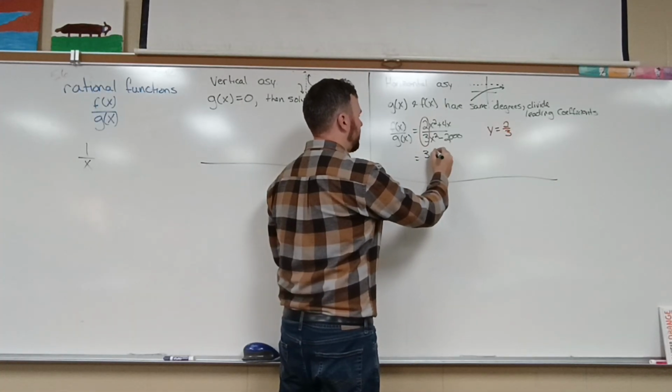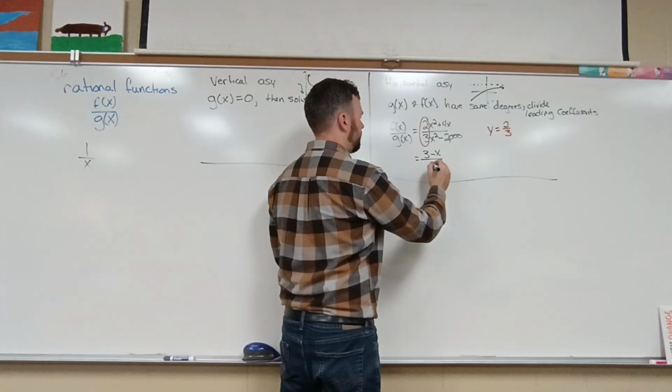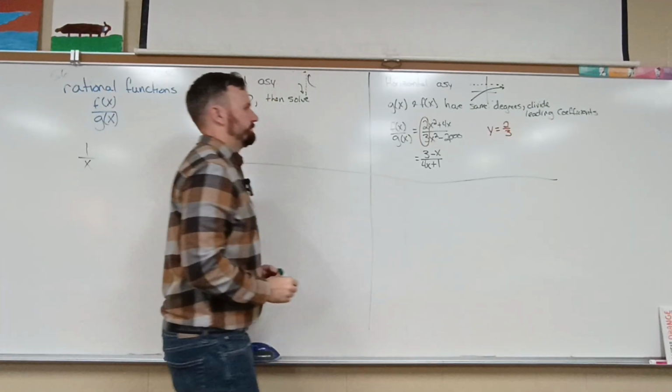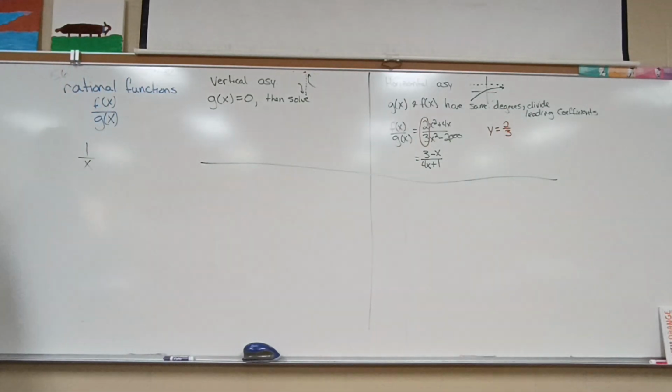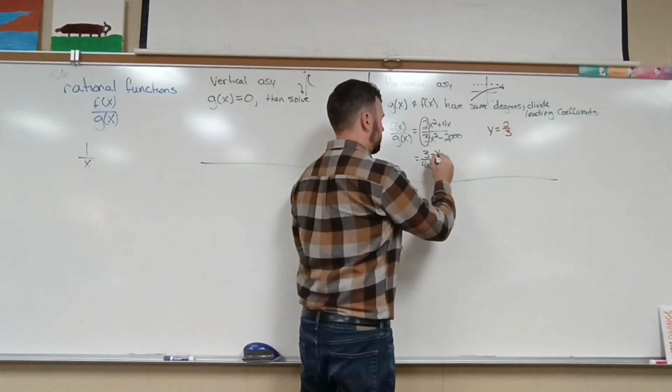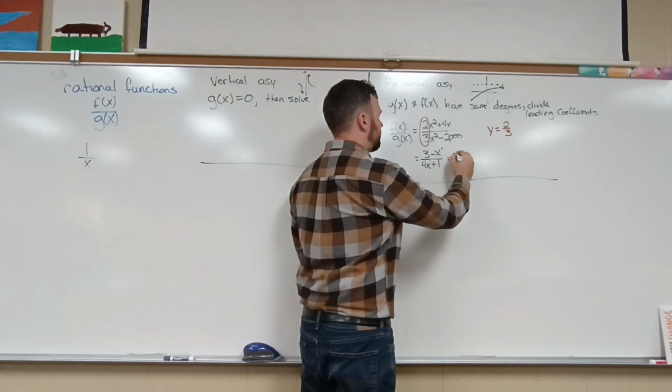Let's say I have 3 minus x over 4x plus 1. Are my degrees the same? They're both x to the first, right? So I'm going to rewrite this.